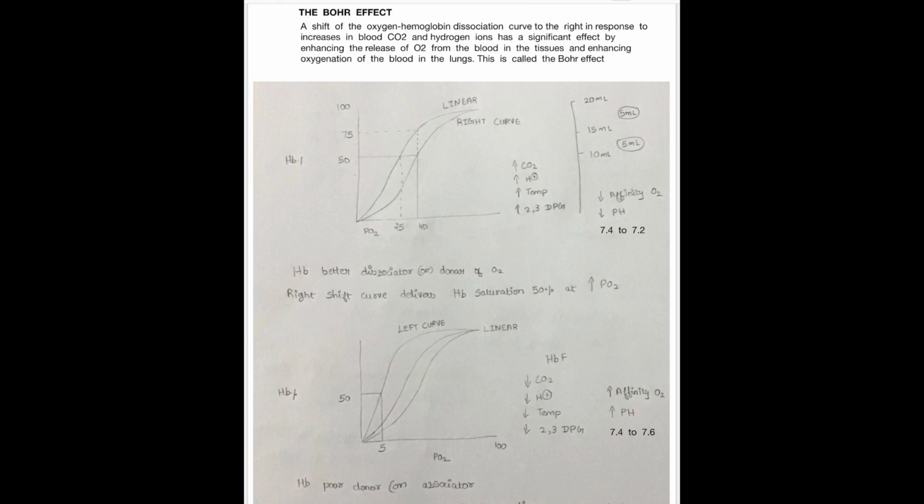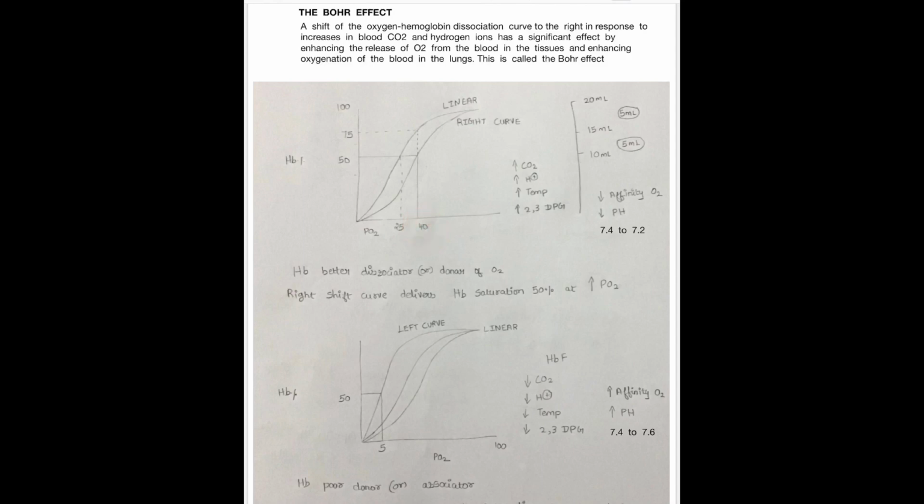So at the partial pressure of 40, the hemoglobin saturation is 50. So 50% of the hemoglobin is saturated and 50% is desaturated at the partial pressure of 40 during exercise.